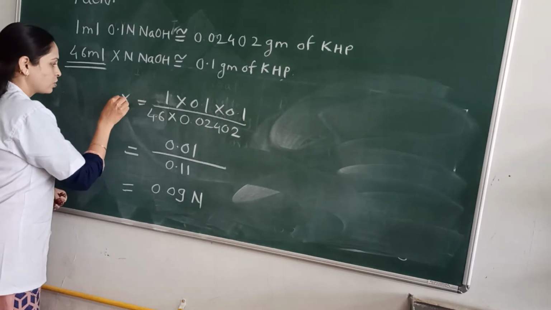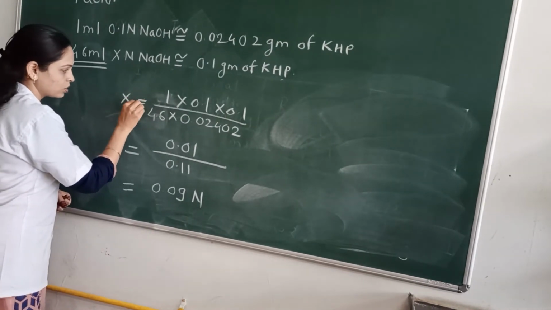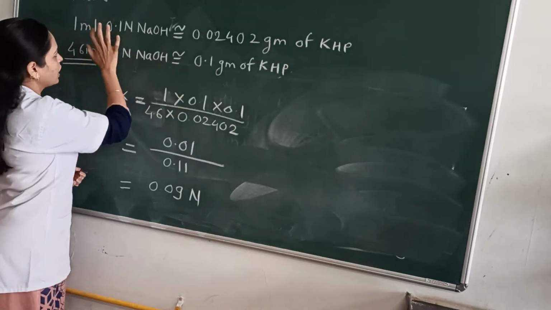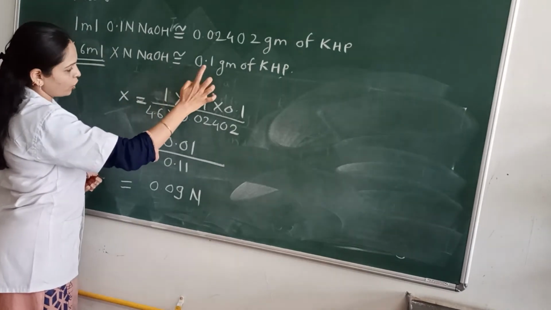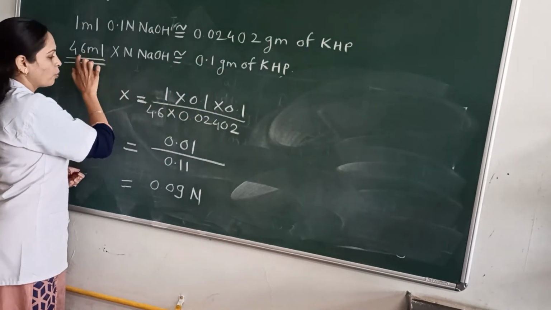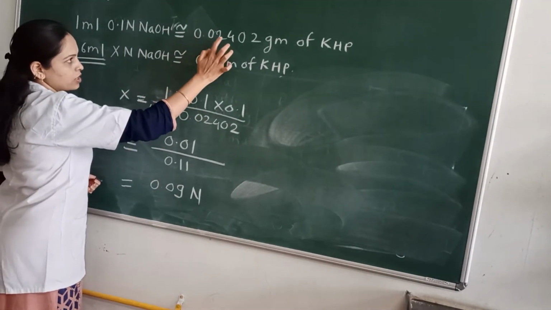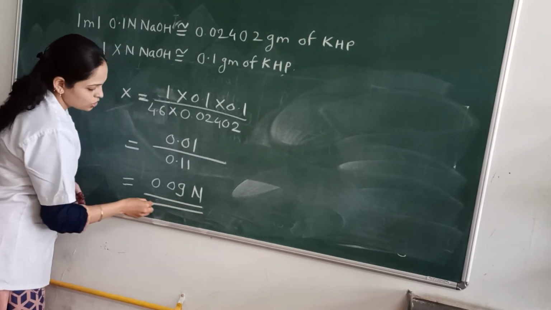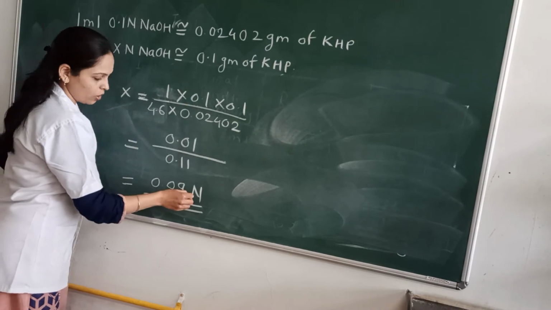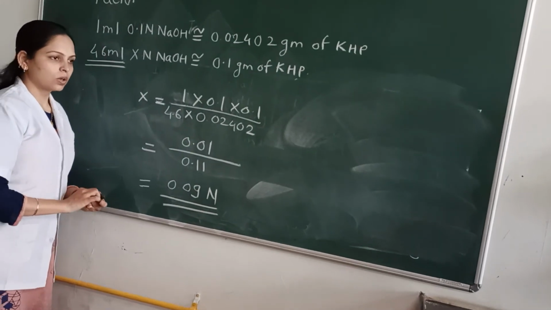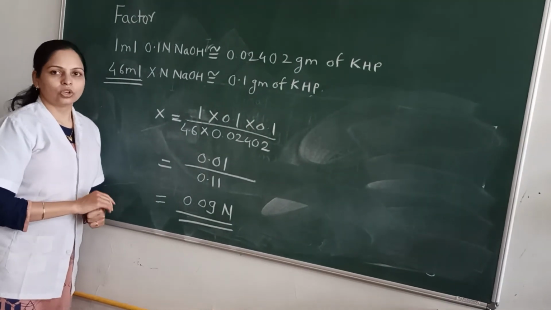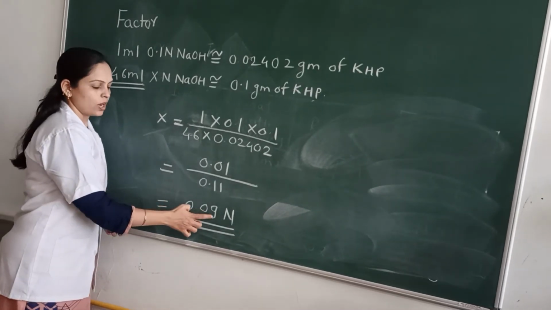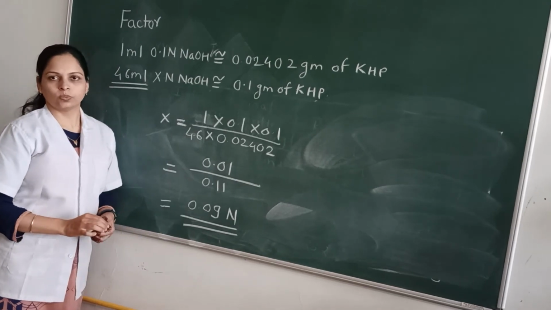By cross multiplication, it is 1 into 0.1 into 0.1 divided by 4.6 into 0.02042. We get the normality of NaOH as 0.09 normal. So from this we can conclude the result of our practical. The normality of NaOH is found to be 0.09 normal. Thank you.